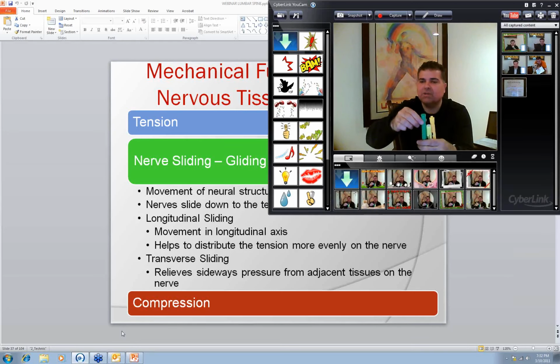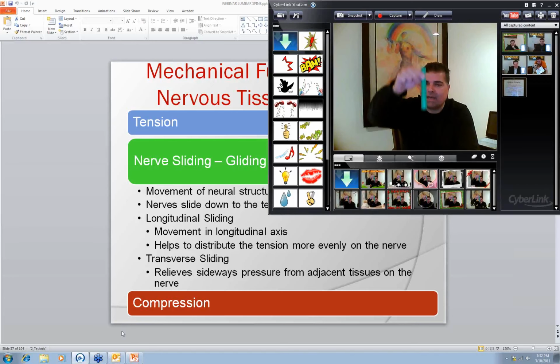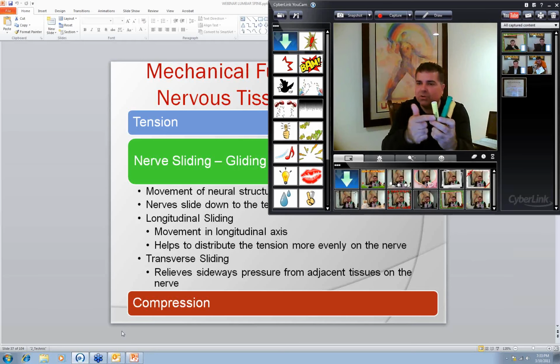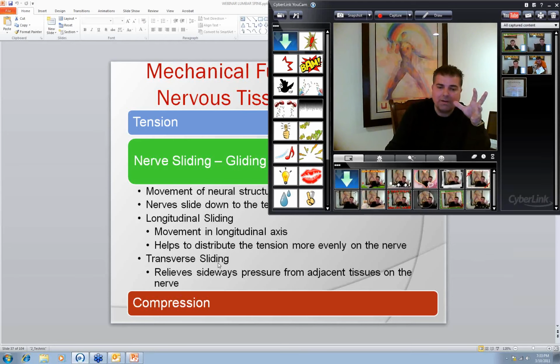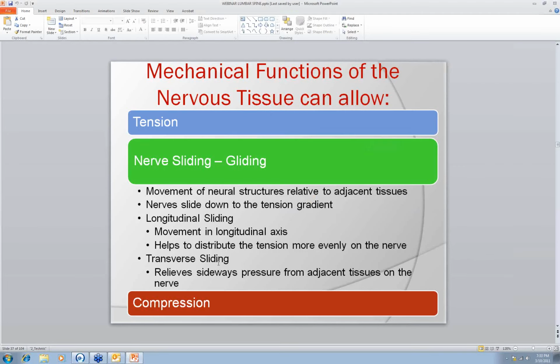In other words, I have a sliding up and down movement of the nerve, and then a gliding movement where the nerve will change position if there is adequate pressure on one side of the nerve. That will help to relieve pressure from the adjacent tissues on the nerve.